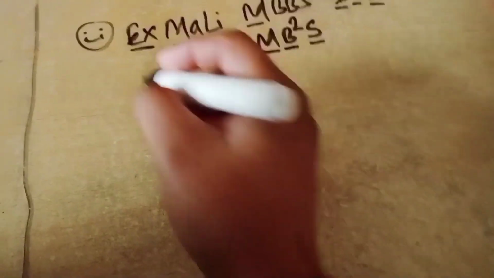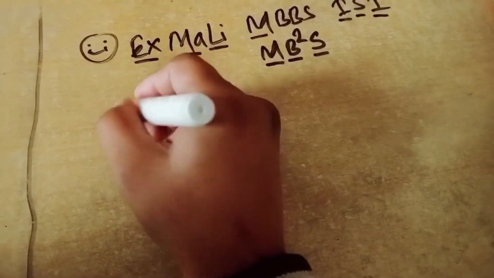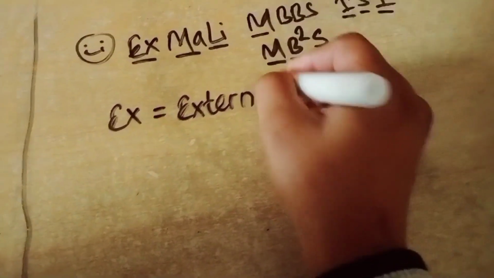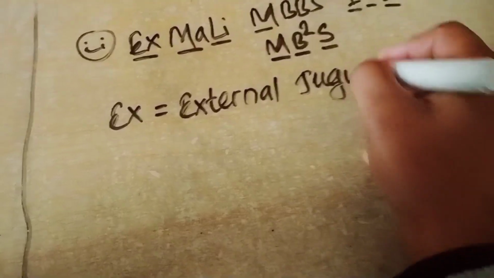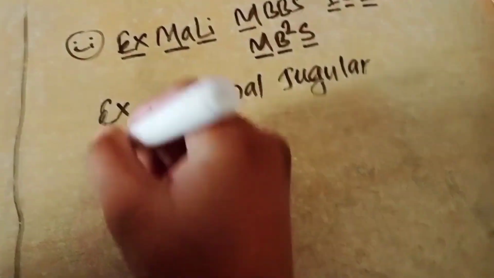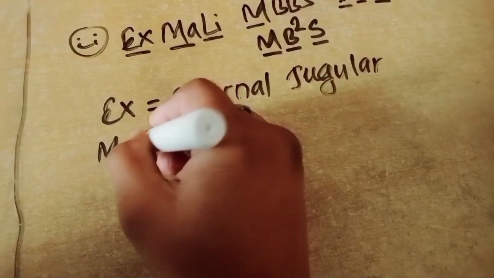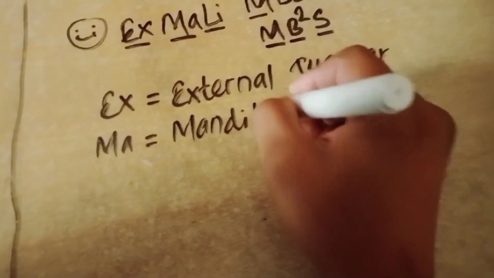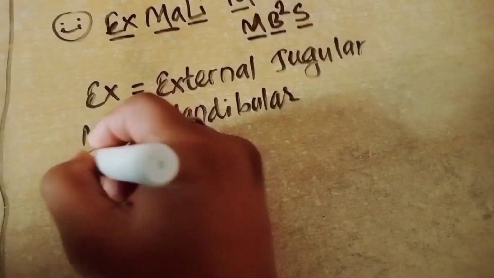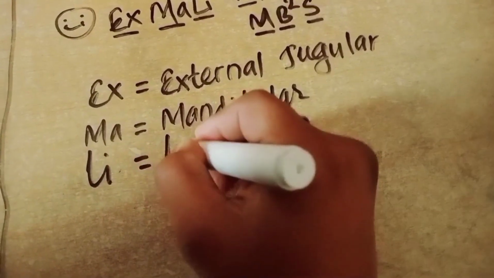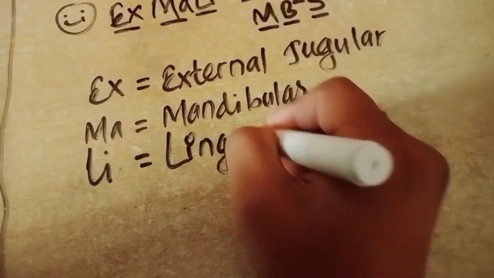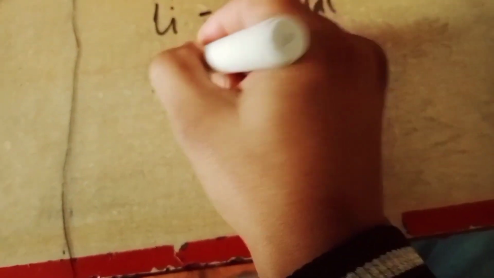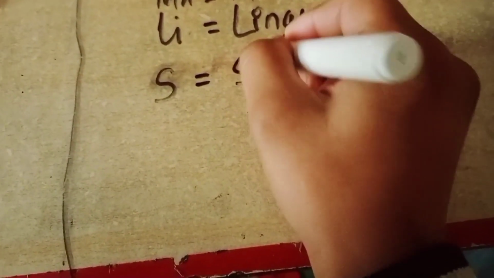Here X means external jugular, Mali means mandibular and lingual, and S means subclavian.